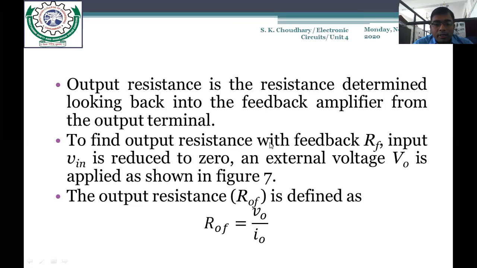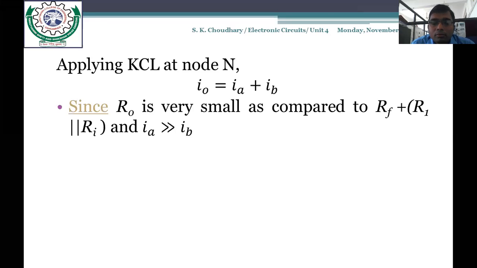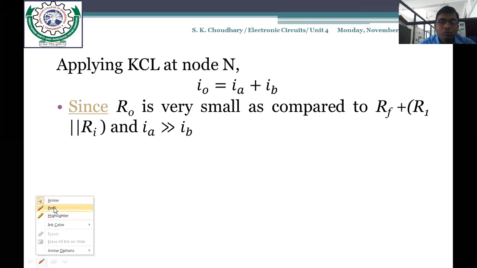So R0F we define as V0 upon I0, that is equation number 1. Then we apply KCL on this node N, and it becomes I0 is equal to IA plus IB. You can write this as equation number 2.